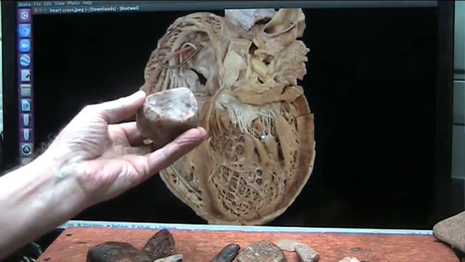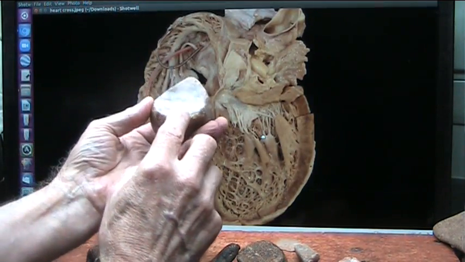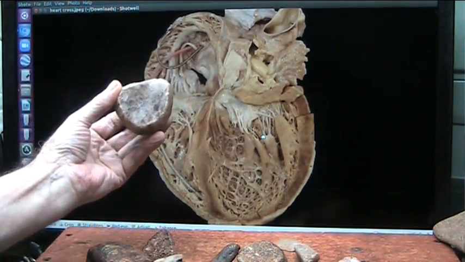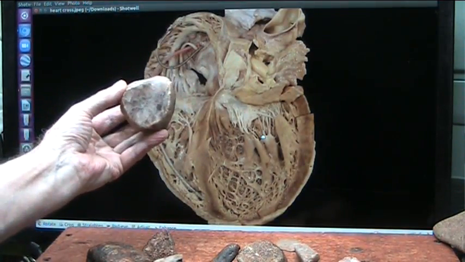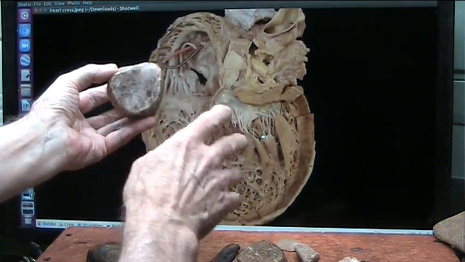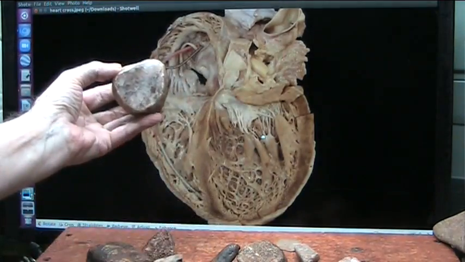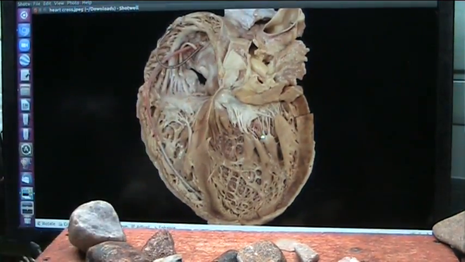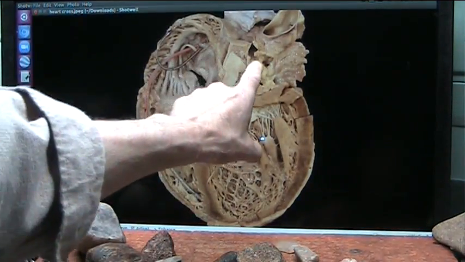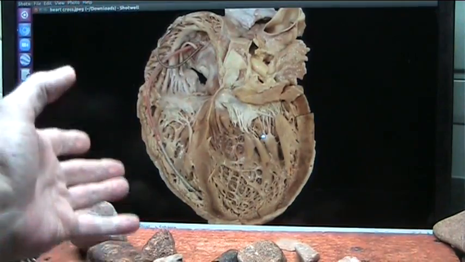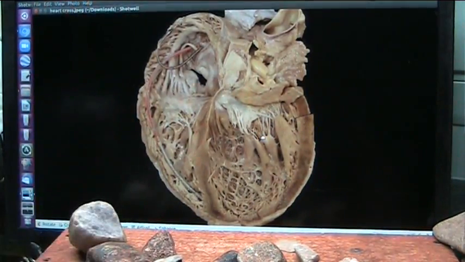And if I look at this in exactly the right way, I can catch little flashes, just tiny little flakes of transition metals that are still in here. But you can see the similarity of the vascular nature of it and all the tissues and so forth. Now, let's see what an opalized heart looks like. Don't forget, these are different types of tissues. You see them? So different tissues have different chemical characteristics.